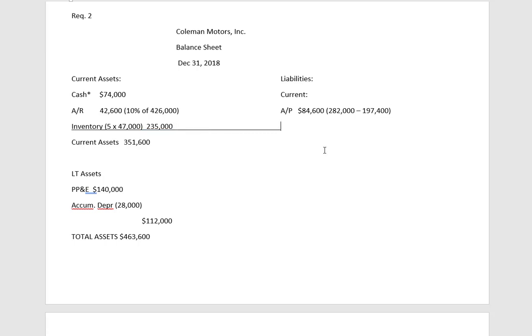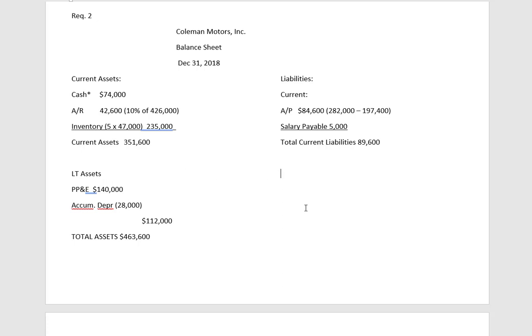And, well, I don't really want that underline. And salary payable, $5,000. So total current liabilities, $89,600. And there are no long-term liabilities in this case.